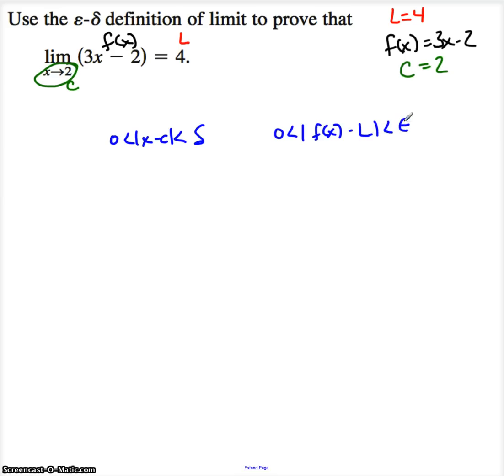Now, let's look at this. Let me start with this part right here. So 0 has got to be less than the absolute value of, now, what's f of x? I'm going to do this in colors for you. 3x minus 2 minus L. Oh, excuse me, L is 4.